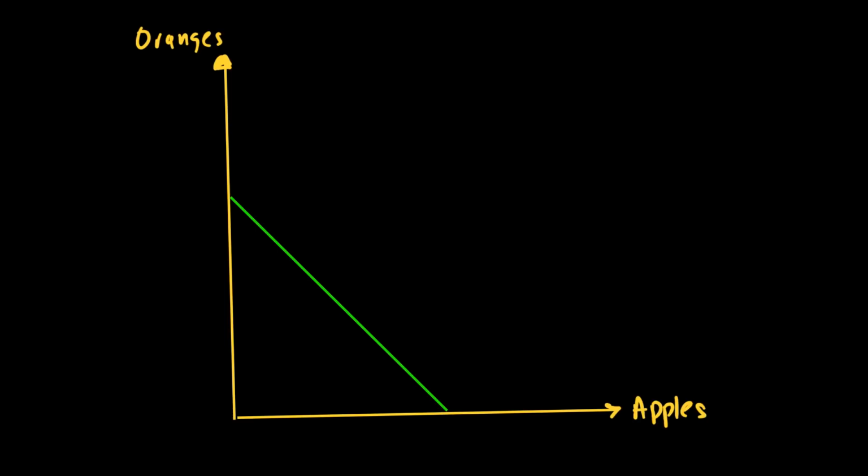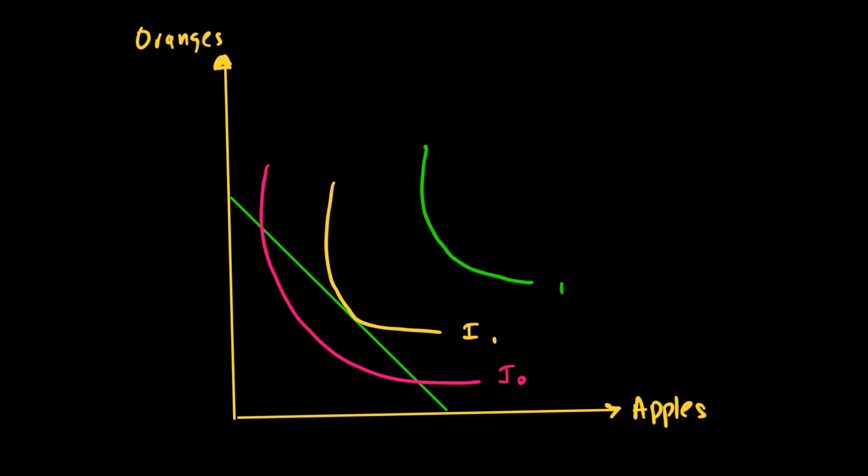Now if my indifference curve is, for example, I0 versus indifference curve I1 versus indifference curve I2, I would love to be on indifference curve I2. The one on the right is always preferred to the ones on the left, which is I1 and I0.